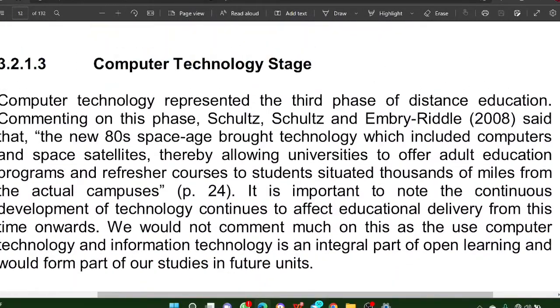Computer technology stage. That is stage 3. Computer technology represented the third phase of distance education.